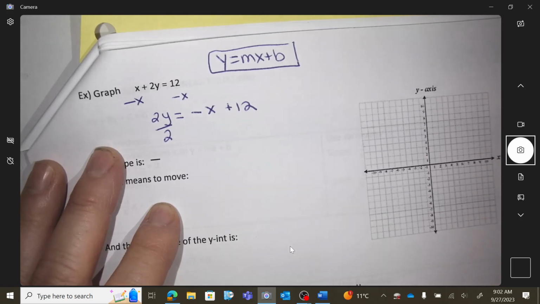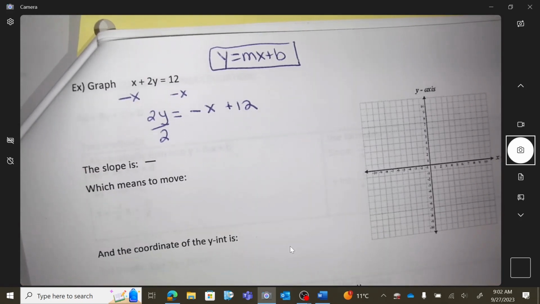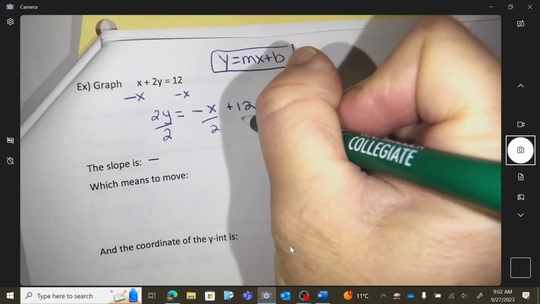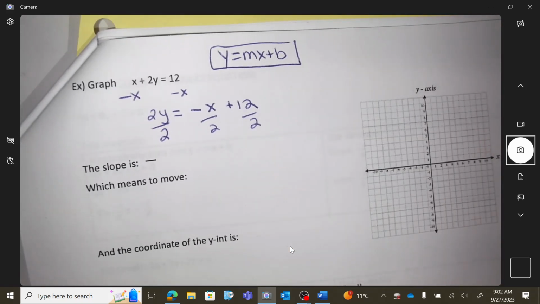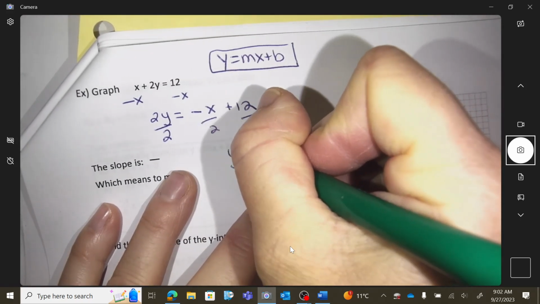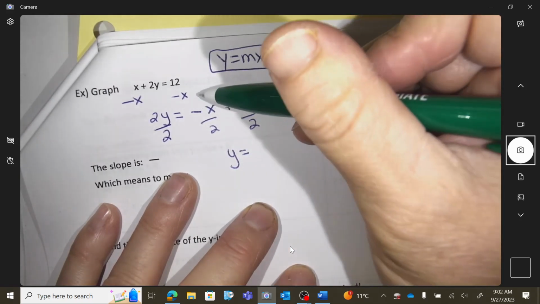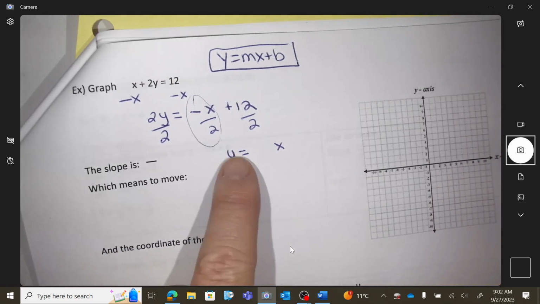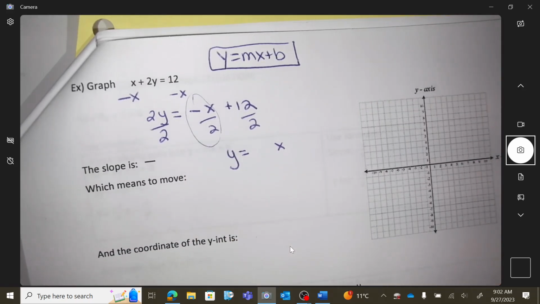And again, I reminded you, algebra is like giving candy to kids. If you give candy to one kid, you have to give candy to all the kids or somebody's mad. So it would look like this. Y equals, does anybody know how I could write the fraction in front of the x?